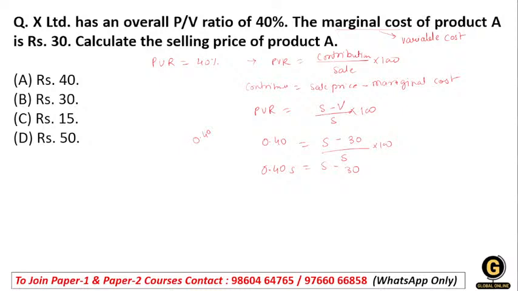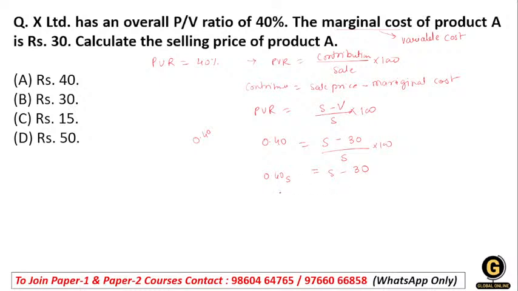Okay. So either you can write it like this, with s going over here: 0.40 is equal to s minus 30. Now you have to move over here, so you will get 2s.